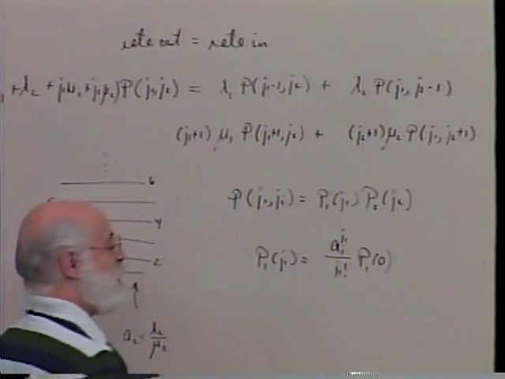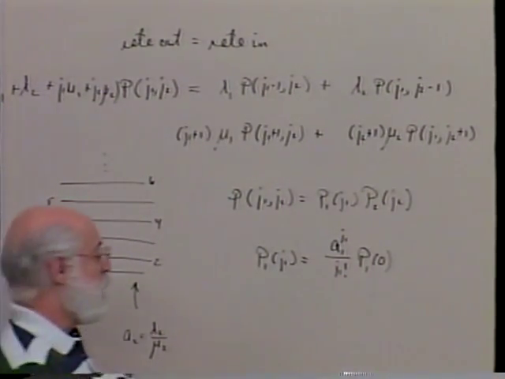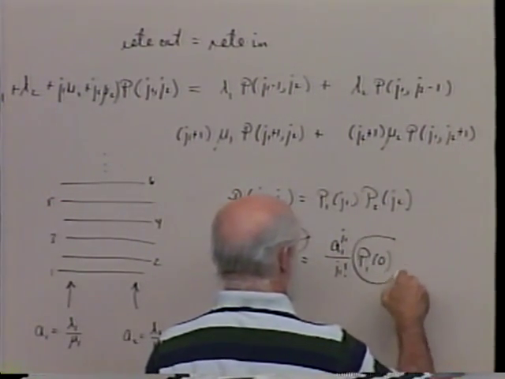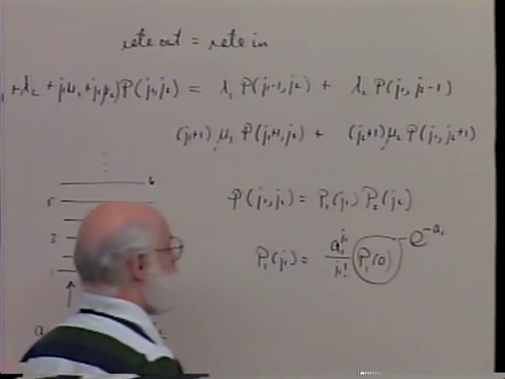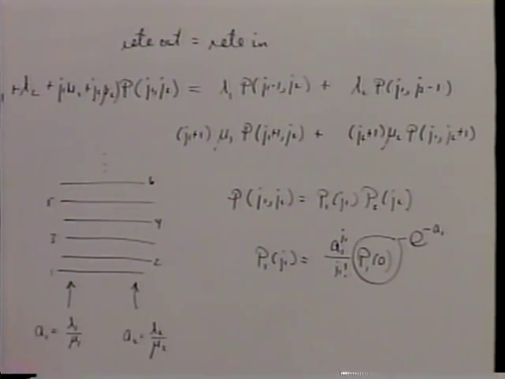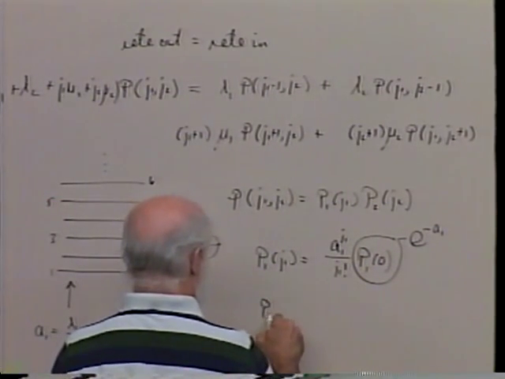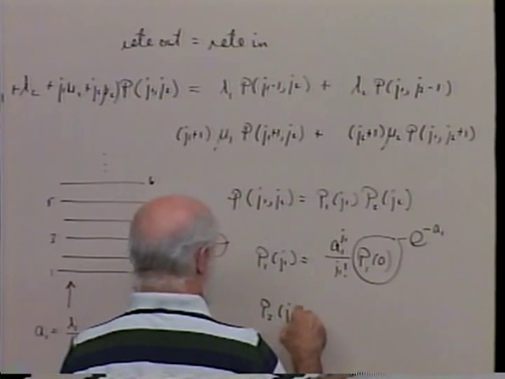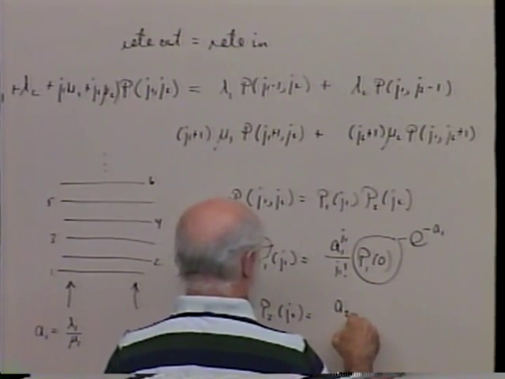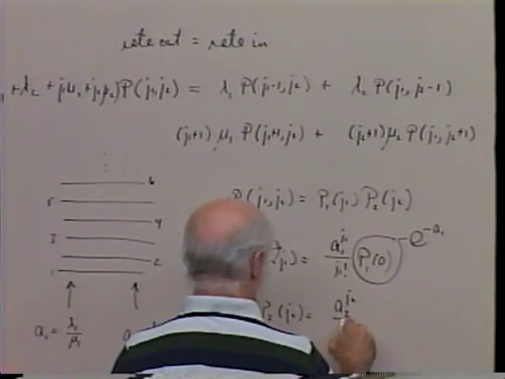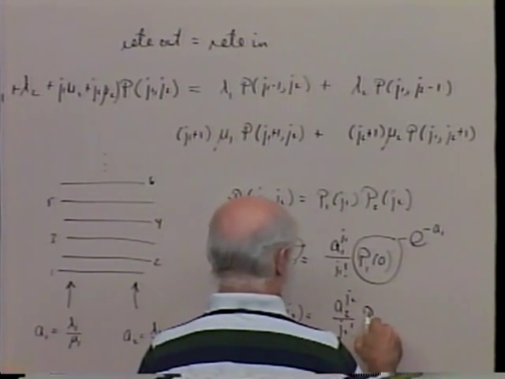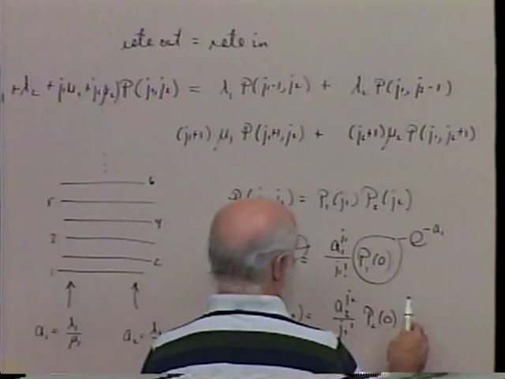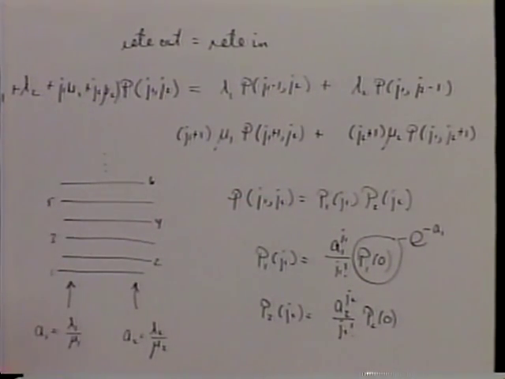Of course we know what that's going to be, but it really doesn't matter. It'll turn out that this normalizing factor is simply e to the minus a1. But it doesn't matter what it is. It's a constant. And similarly, P2 of J2 is equal to a2 to the J2 over J2 factorial times P2 of 0, which of course is e to the minus a2.